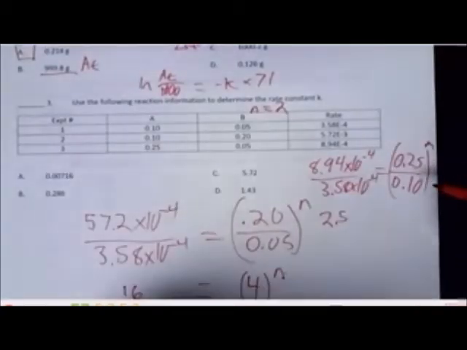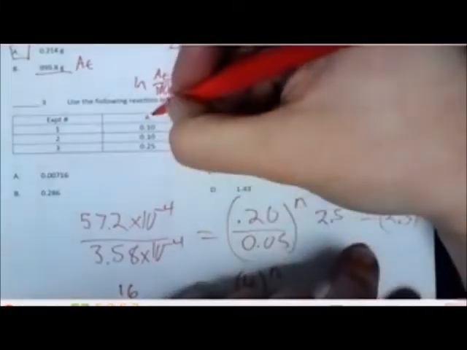Well, 0.25 divided by 0.1 is 2.5. That only works when m is equal to 1. M is equal to 1.